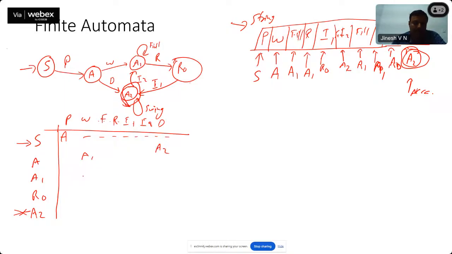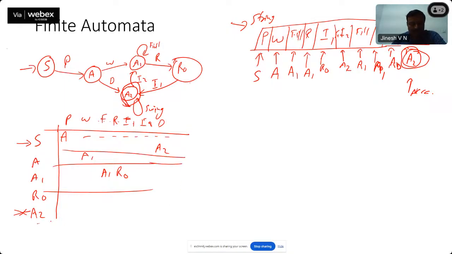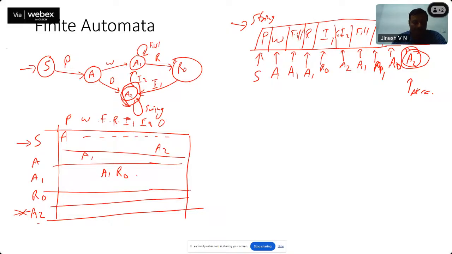A1 with fill is A1 itself. Then A1 with R is R0. Like this we will be filling the table. This table is known as the transition table representation of the automata machine. I'm not filling all.